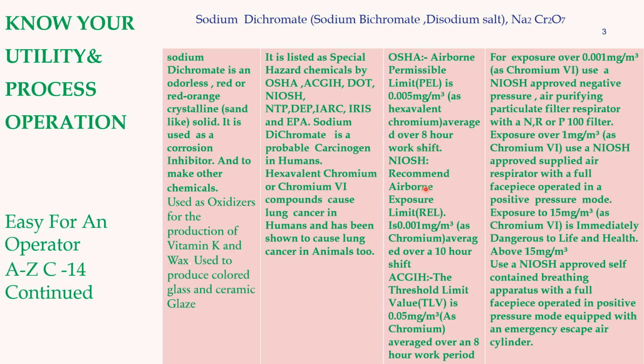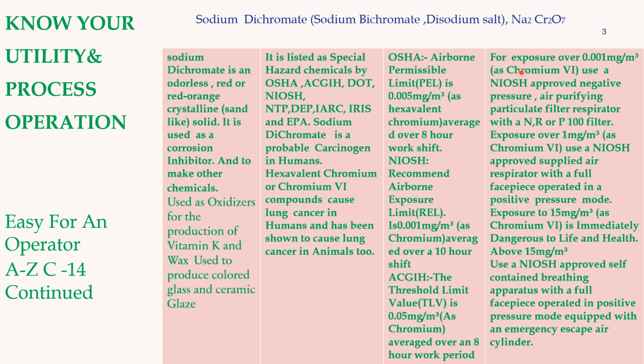As per NIOSH, the recommended airborne exposure limit REL is 0.001 mg per meter cube as chromium averaged over a 10-hour shift. And as per ACGIH, the threshold limit value TLV is 0.05 mg per meter cube as chromium averaged over an 8-hour work period.